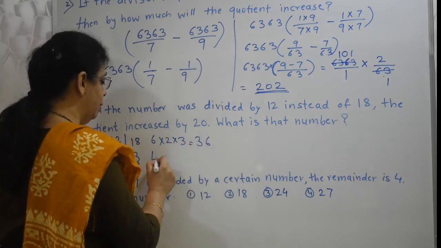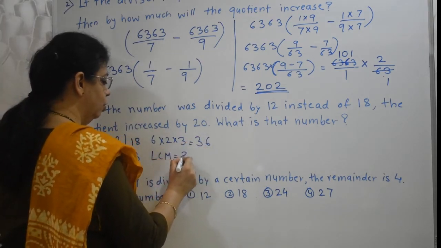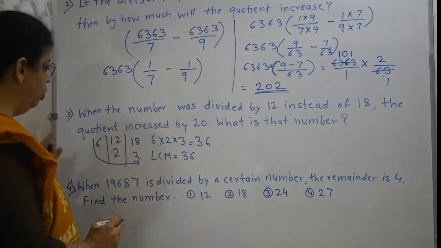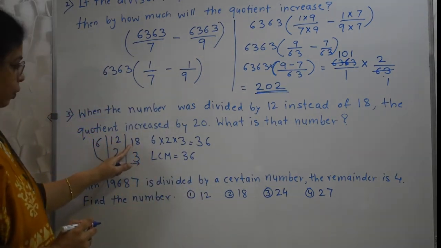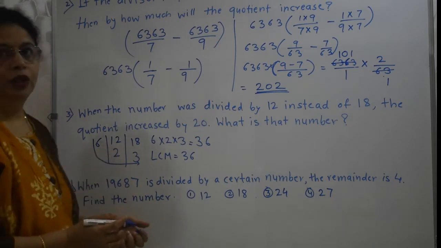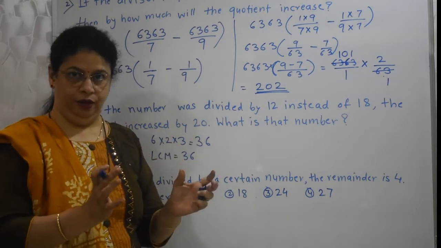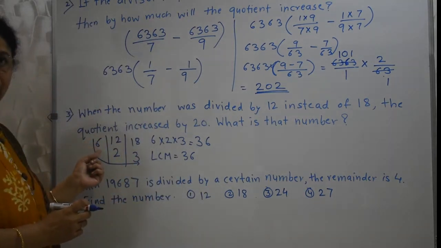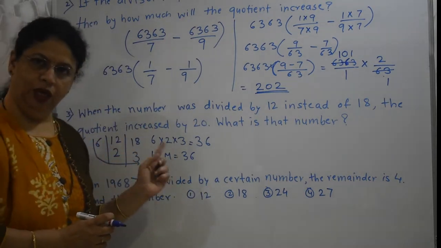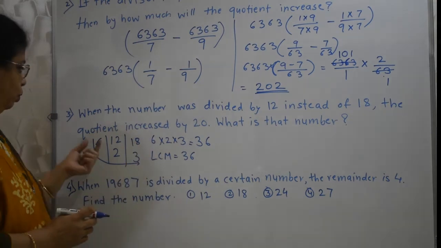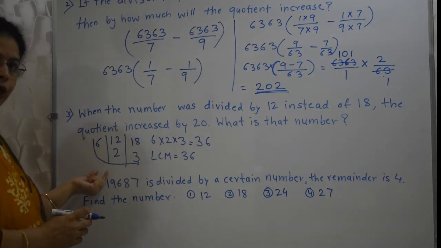So the LCM is 36. You got how to find the LCM? I wrote those two numbers and then found the common factor. If you can't make out it is 6, you can start with 2 also. It doesn't matter. If you start with 2, then again you will get 3.